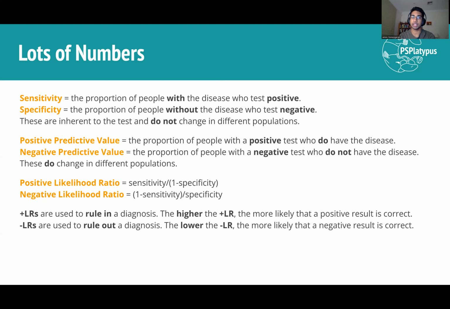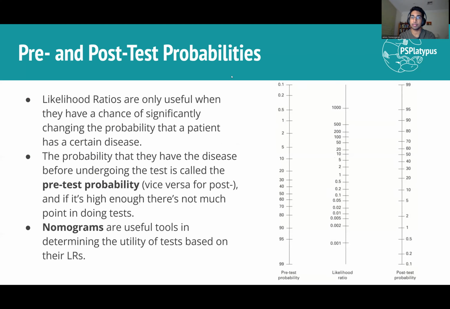That might make a little bit more sense when I show you the next slide, which is a nomogram, okay? So basically the idea behind nomograms is tied into the idea of pre and post-test probabilities, okay? Pre-test probability says, okay, this person's coming off the street, I've had a look at their exam, I've done a history on them, and I reckon that the probability of them having this disease is such and such, okay?